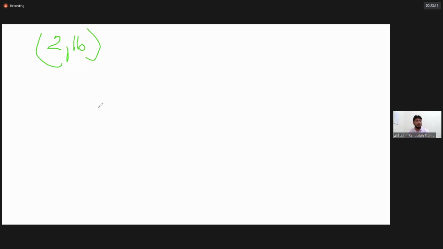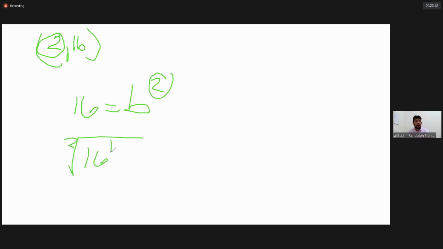Okay, just simply, itong 2 dito, guys, ang gagawin mo dyan, ito, 16, di ba? This is your y, 16 equals b squared. Okay, therefore, itong 2 dito, ang gagawin mo dyan, dito sa 16 sa kabila, 16 square root yan. Dito yung 2, dito yung 1.